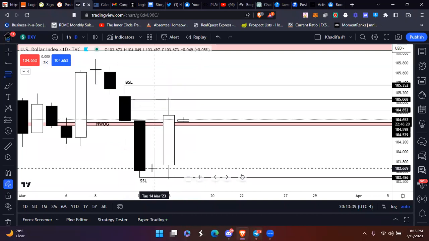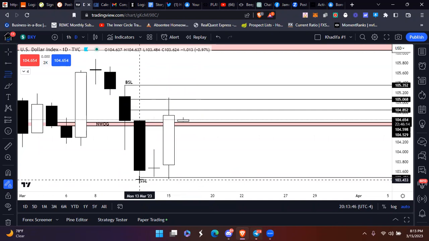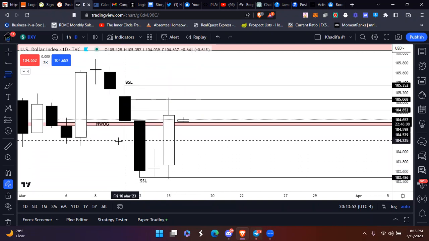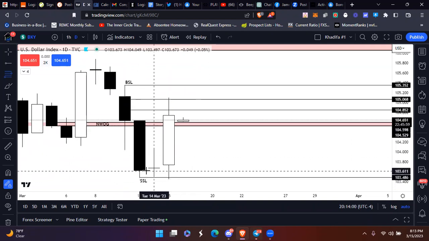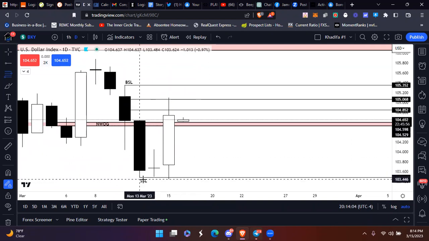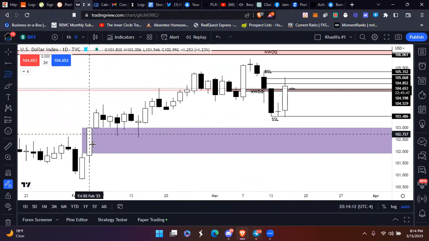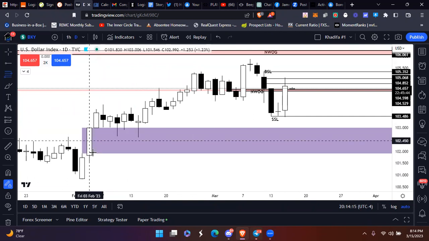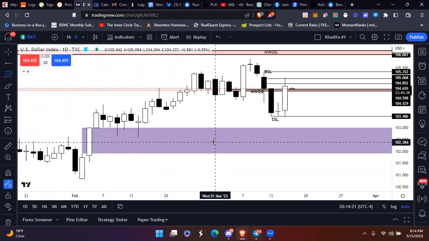We was either gonna be looking for price to run Monday's sell side liquidity, wherever that sell side liquidity was set at, or we was gonna be looking for price to pull back up into the premium array of Monday's daily candle. And I told you guys if we did run Monday's sell side liquidity and we closed below it, that I would be expecting for the algorithm to deliver price down into this fair value gap that we have right here.